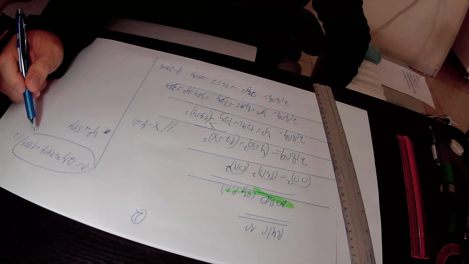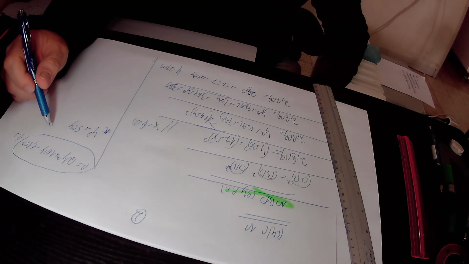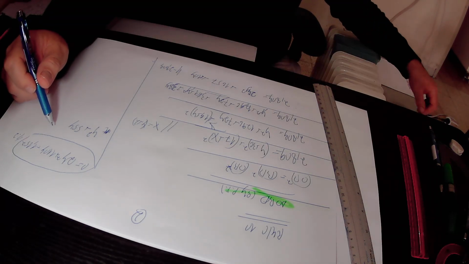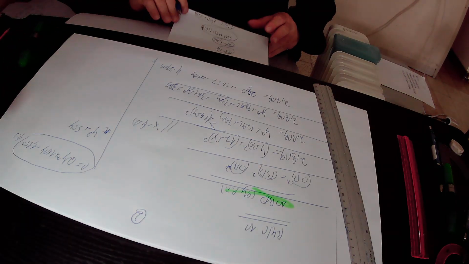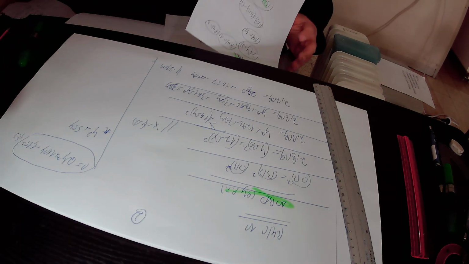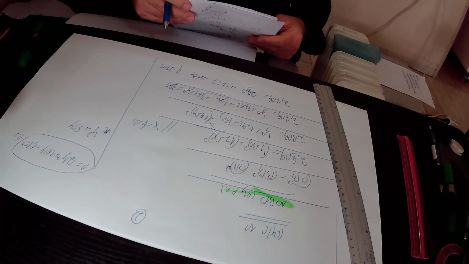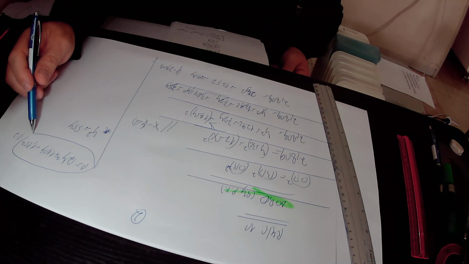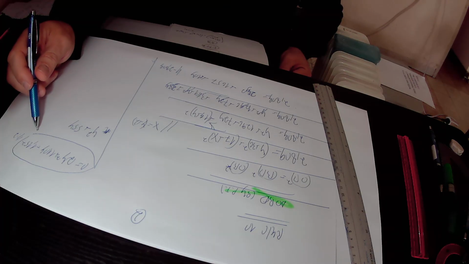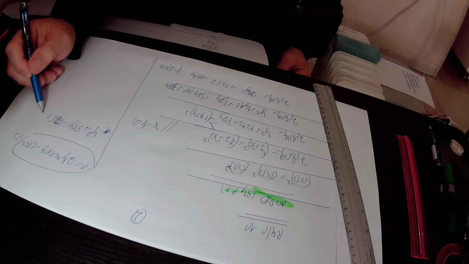And finally, minus 1152 over 2 is minus 576. 0 over 2 is 0.